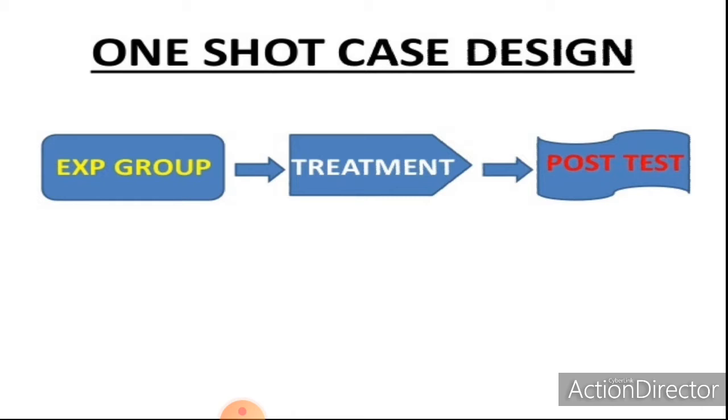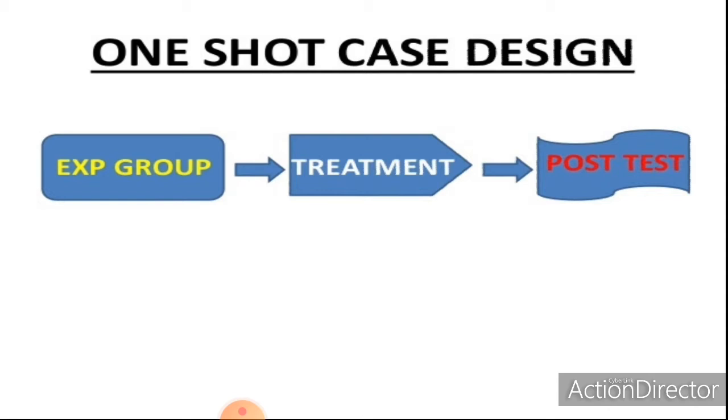Here only one group is selected, that is the experimental group, and some treatment is given to that group, and after that treatment the researcher examines the effect of the treatment in that group. So this is the method of how one-shot case design is conducted.